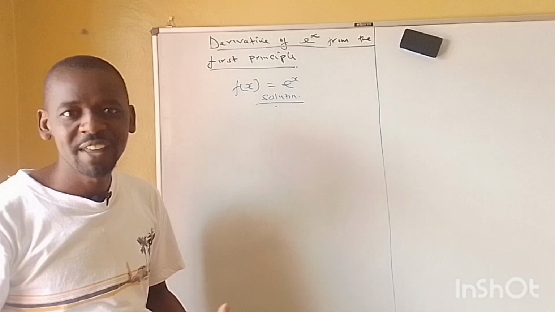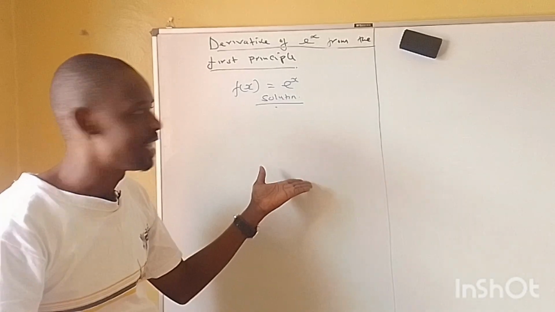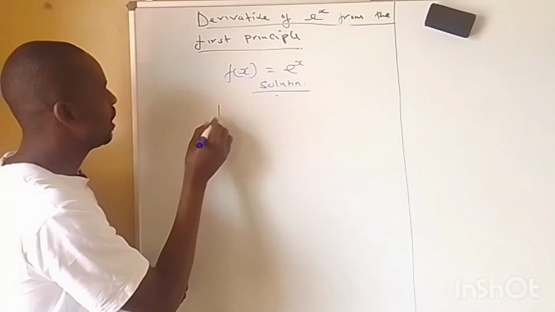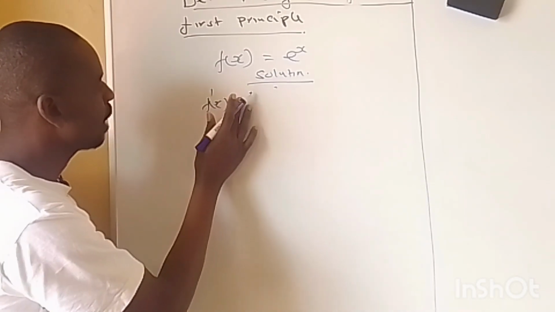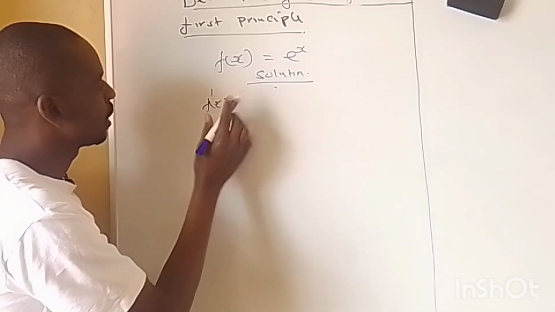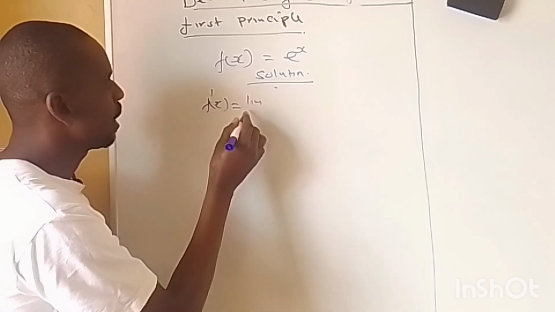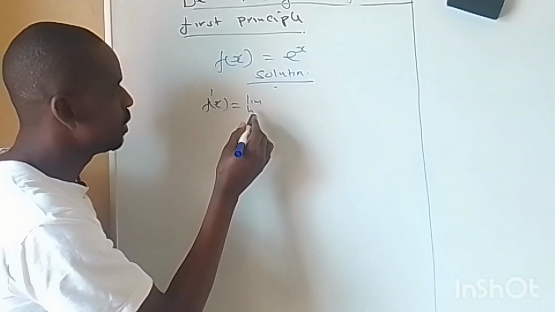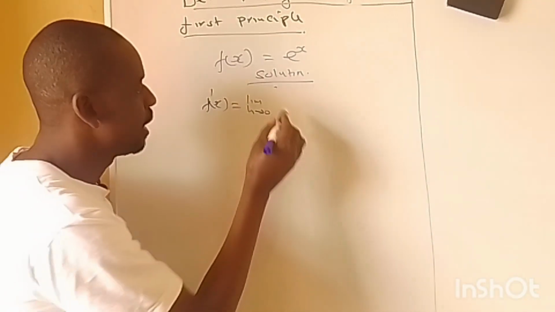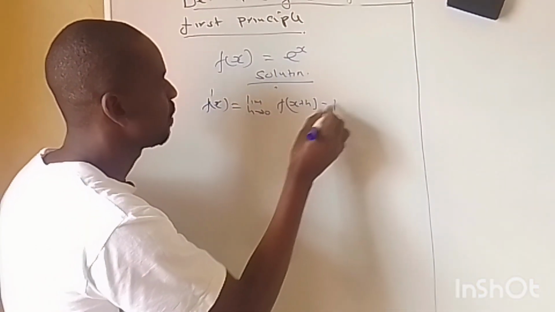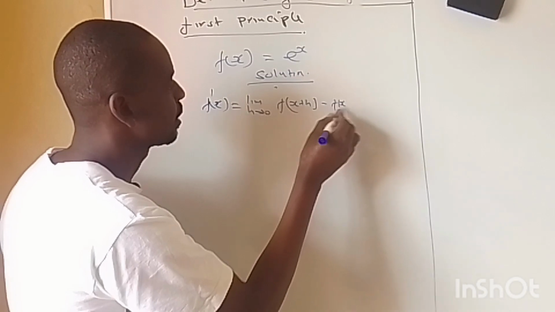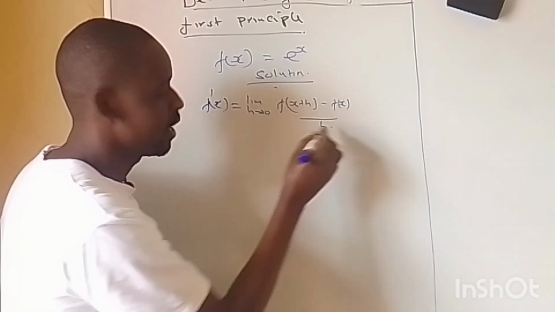So without any further ado, let's dive in here. From the definition, we know that as the limit h is tending to 0, then f of x plus h minus f of x over h.